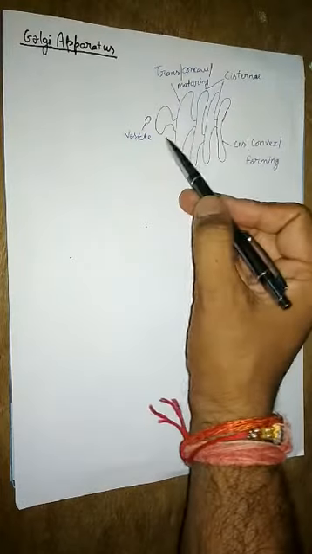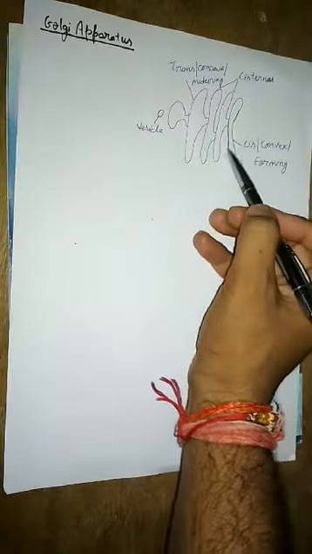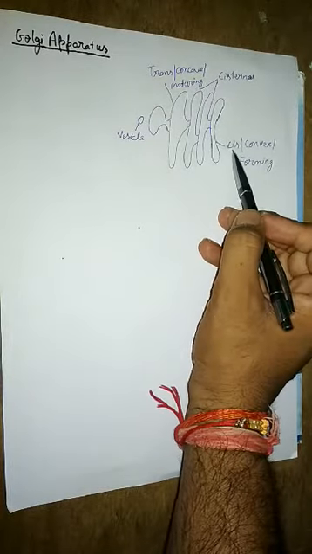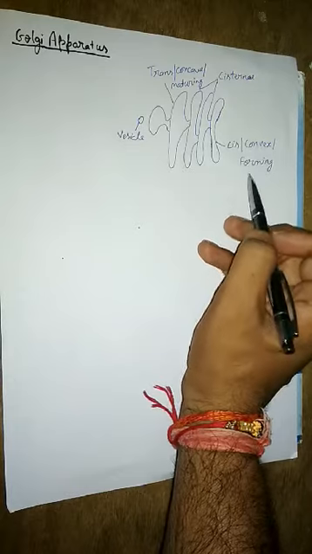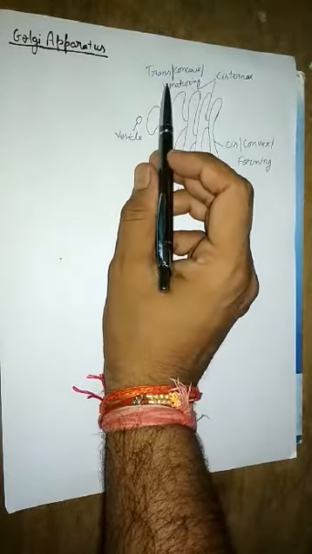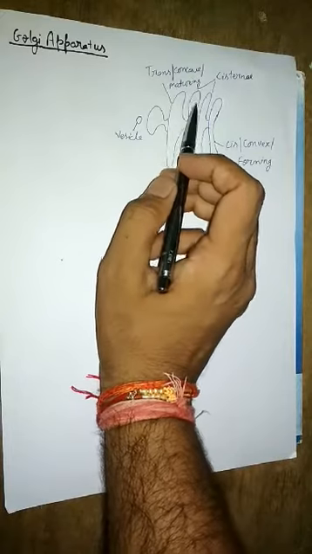So this is the structure of the Golgi apparatus or Golgi body. Clear? In this structure, two phases are there. That is very important. You can see this one phase and this is the second phase. This phase is called the cis phase, convex phase or forming phase, and the other one is called the trans phase, concave phase or maturing phase.